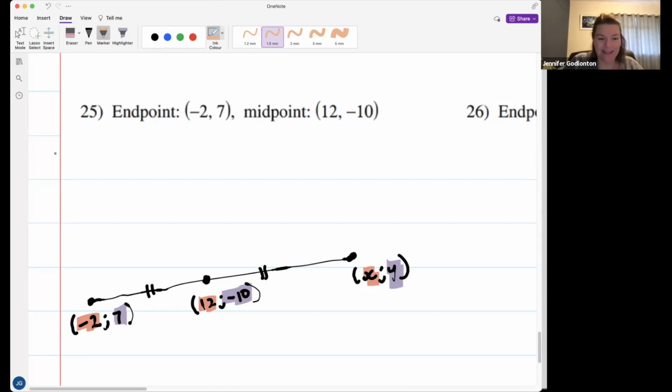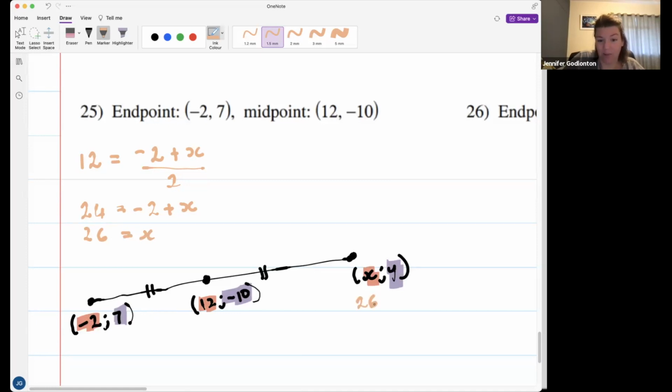So I'm going to look at my x's first. So my midpoint is 12. My x1 is -2. My x2 is x. And I'm going to divide that by 2. So I'm going to land up with 24 is equal to -2 plus x. So 26 is equal to x.